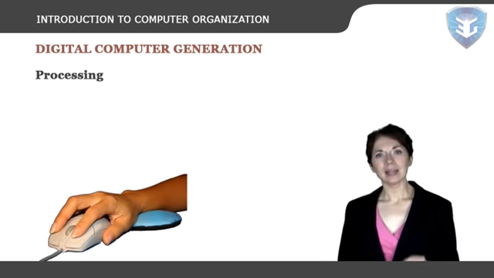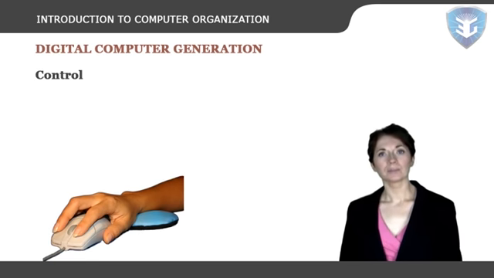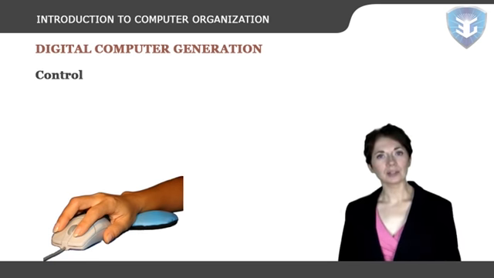Processing. The task of performing operations like arithmetic and logical operations is called processing. Output. This is the process of producing results from the data for getting useful information. Control. The manner how instructions are executed and the operations are performed.